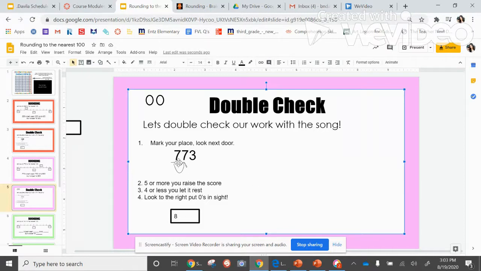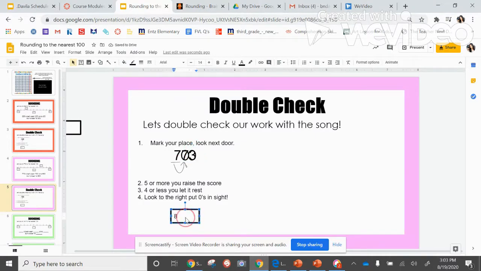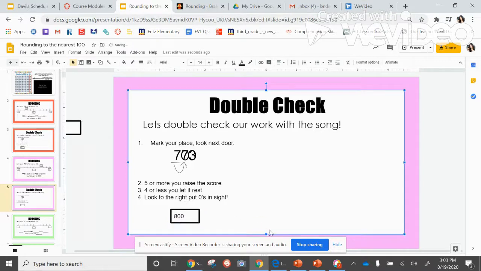So that means to the right of the hundreds place, at the tens place, the tens place turns into a 0 and the ones place turns into a 0. So that means that this number 773 rounds up to 800.